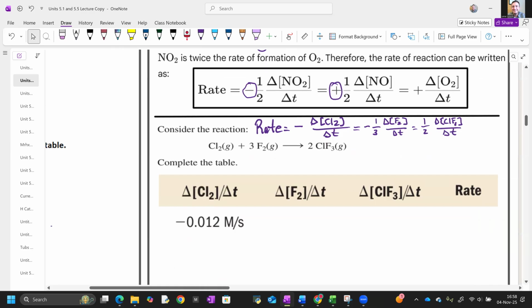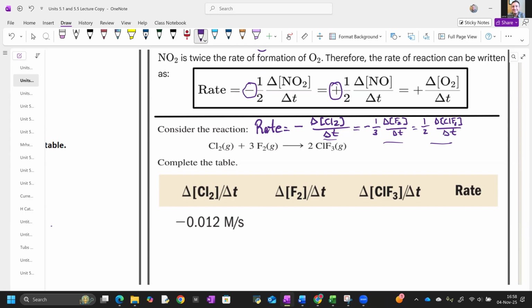And that is setting everything equal. Notice that rate is equal to that expression, and that expression. They're all set equal to rate. And so each of those expressions equals the rate.